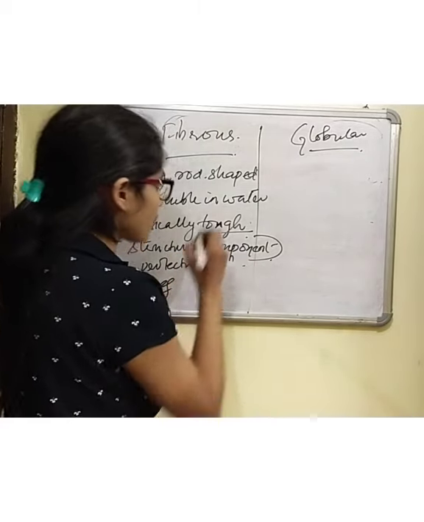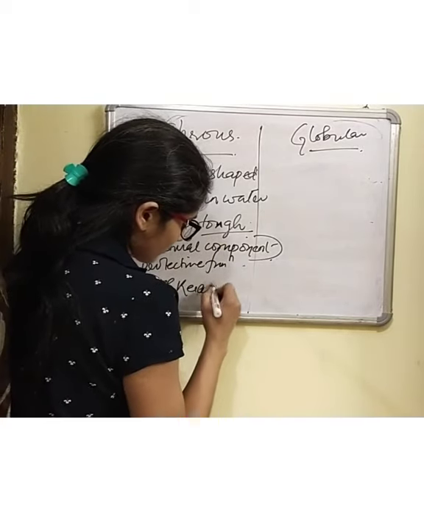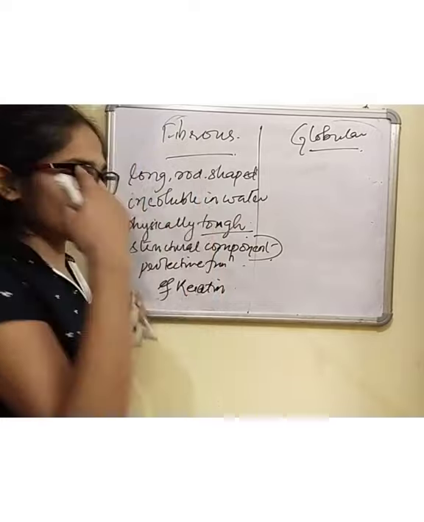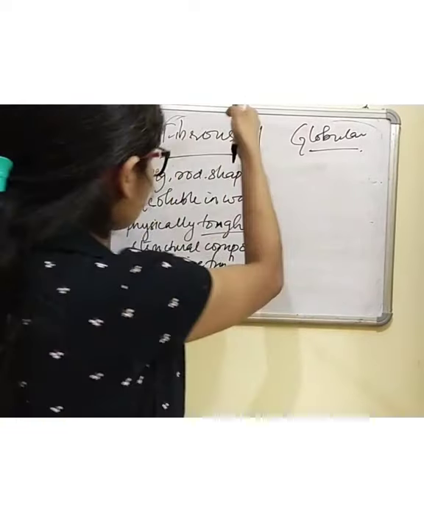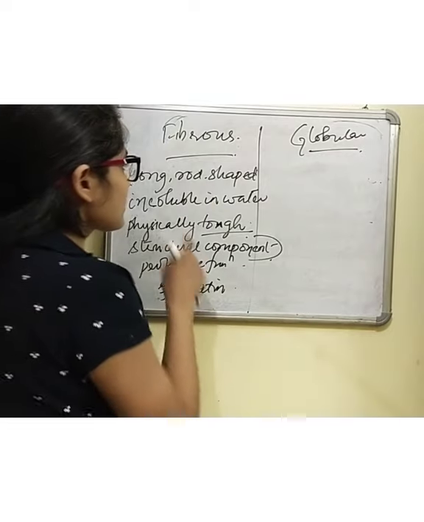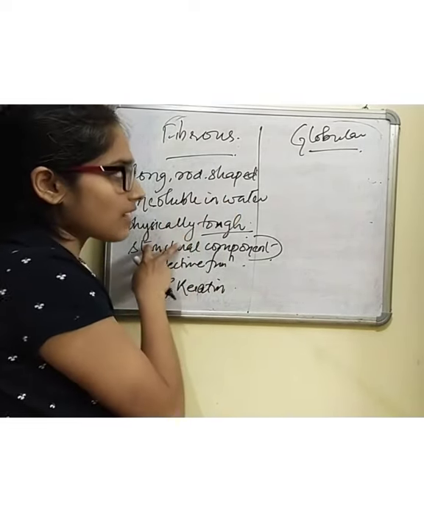An example of a fibrous protein is keratin, the protein present in our hair. So fibrous proteins are long, rod shaped, insoluble in water, and tough.